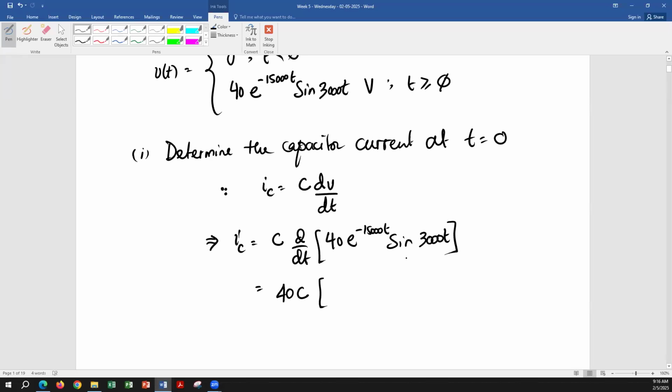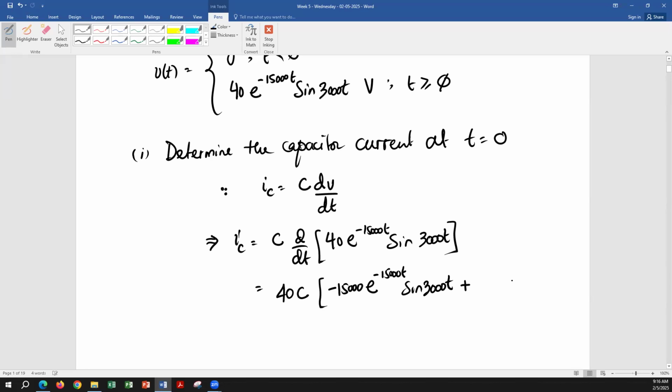And then there will be another term with that, which will be negative 15,000. Because you are going to take the derivative, so e to the power x derivative is e to the power x, but e to the power ax is going to be e to the power ax and the derivative of ax. So in this case, you're going to have negative 15,000 e to the power negative 15,000 t sine 3,000 t.